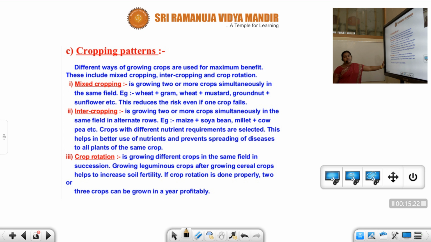Next, crop patterns. It is one of the points from crop management. So far we discussed irrigation and the supply of nutrients to the plant as well as the soil. Now we are going to discuss crop patterns. Different ways of growing crops are used for maximum benefit. Okay, students, here we are keeping the farmer in our view.